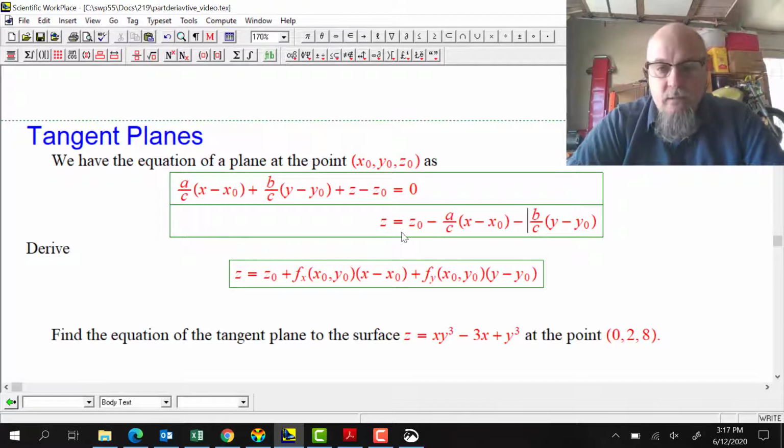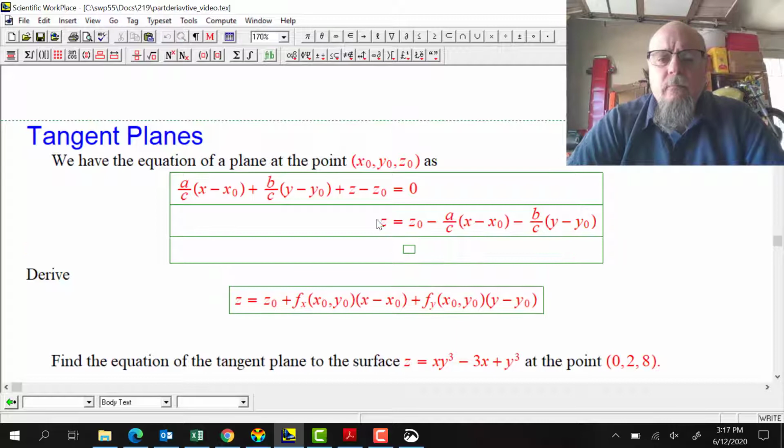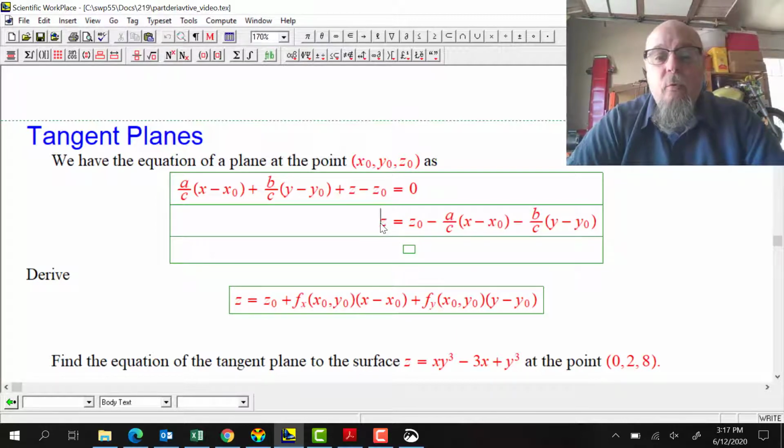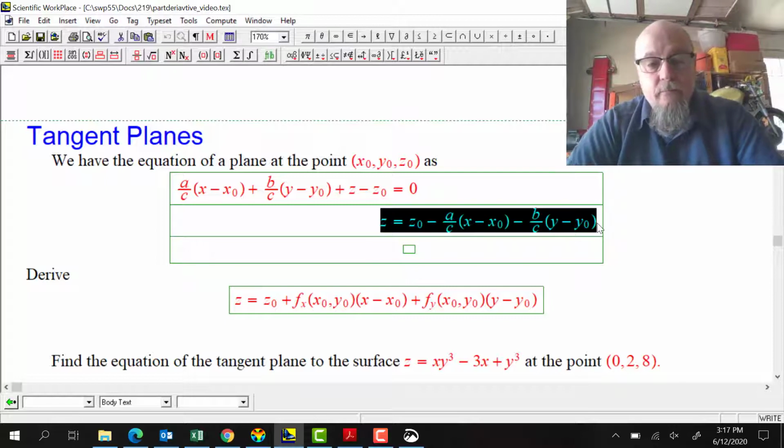It's a plane. If I were to take the derivative of this function with respect to x, this whole piece would disappear. Actually, let's do this before we do that, because there's a lot of numbers in here, a lot of parameters, and there's more parameters than I need.